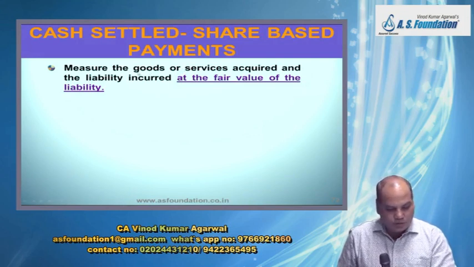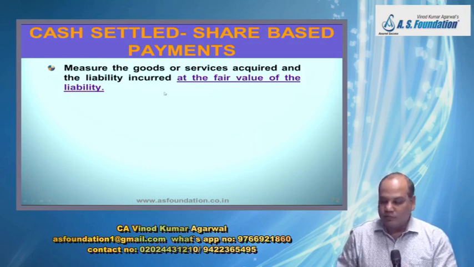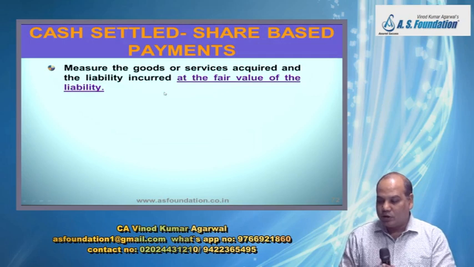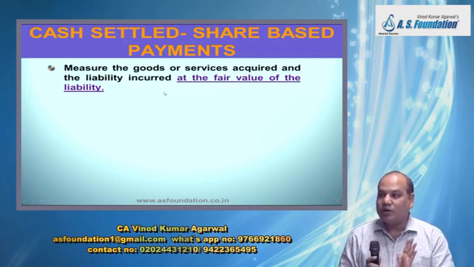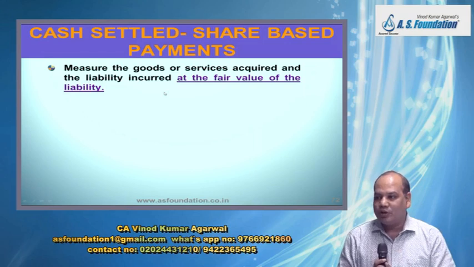So here what principle will we follow? Measure the goods or service acquired and the liability incurred at the fair value of the liability. Now here my obligation is to pay cash, so a cash settled transaction will be treated as liability, not equity.